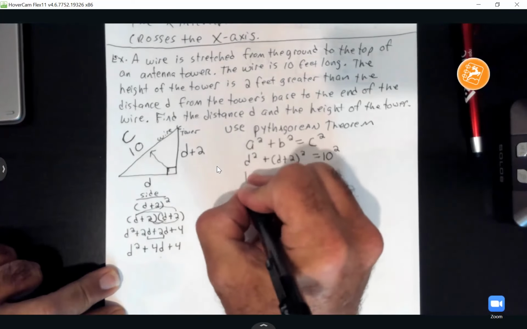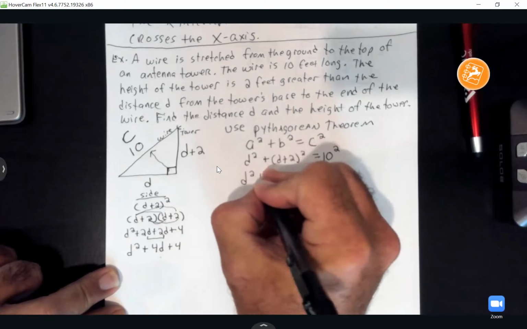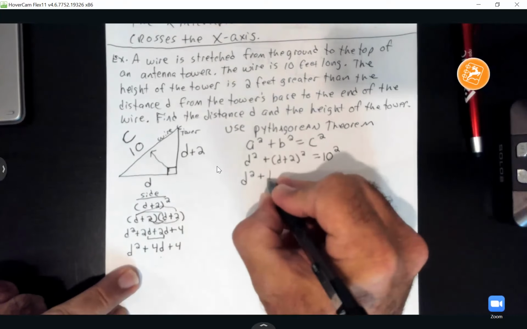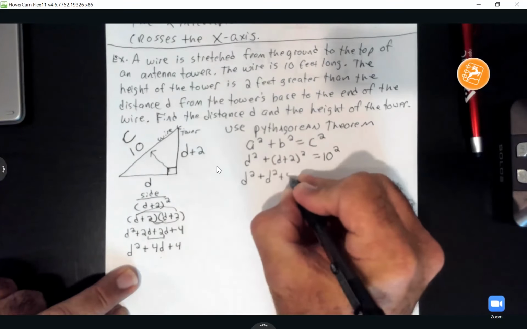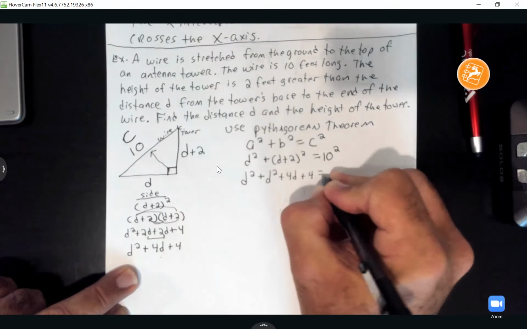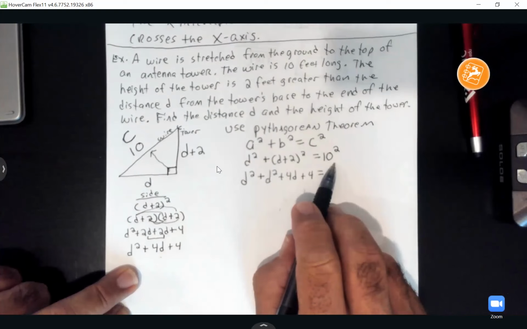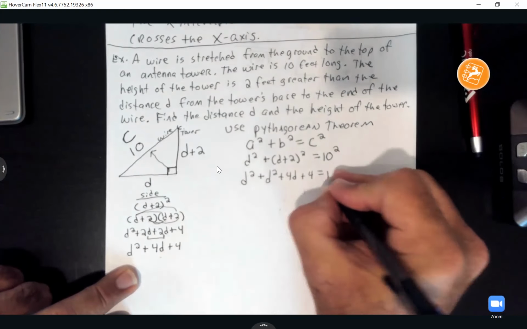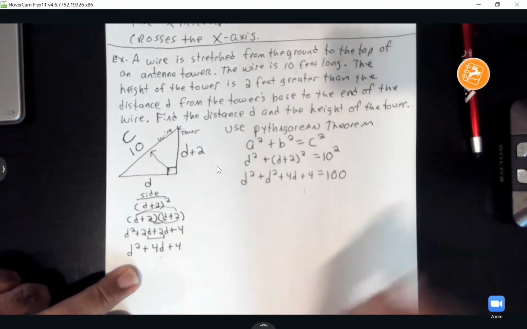I'm now going to replace that (D plus 2) squared with all of this. So I got a D squared I'm bringing down. Then I'm going to put in my D squared plus 4D plus 4. And then 10 squared, 10 times 10, is 100.